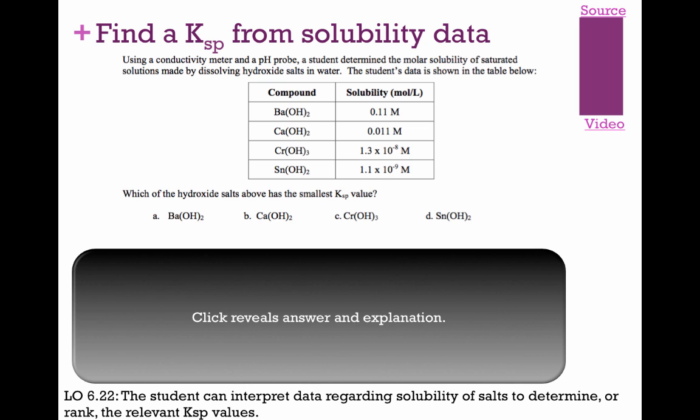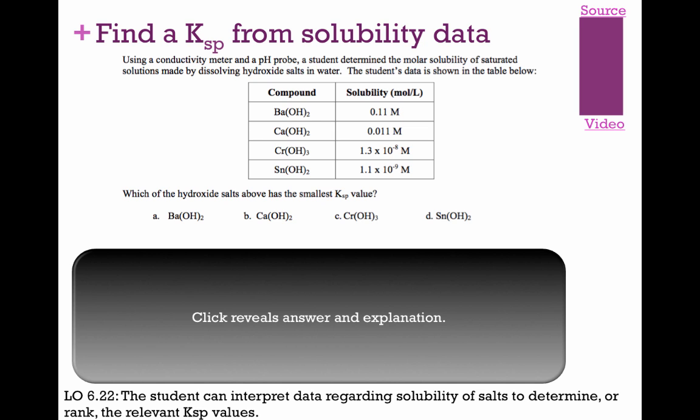It's less, which means my solid does not dissolve very much. If I have a large Ksp, that means I have a lot of ions at equilibrium, and my solid will dissolve a lot. So that's what the value of Ksp means.